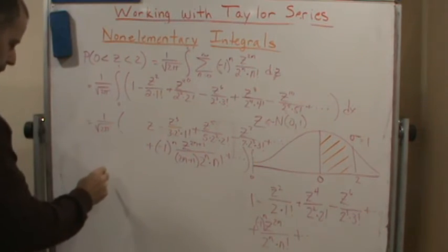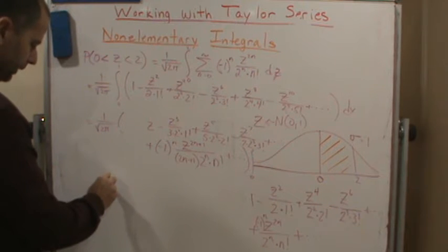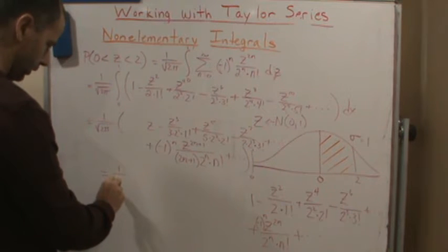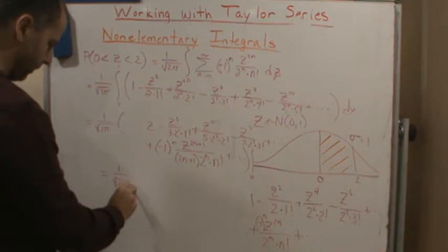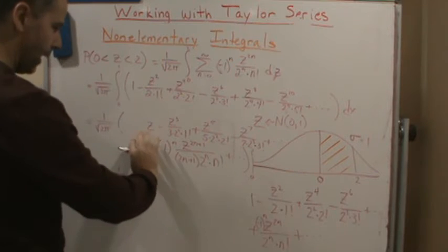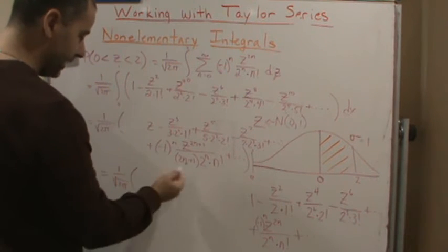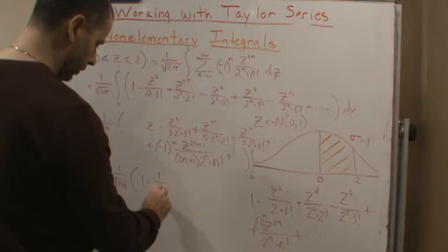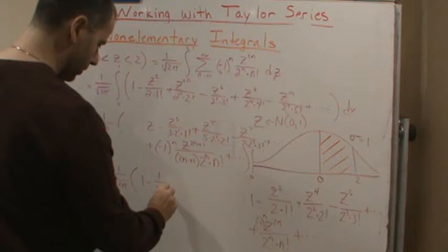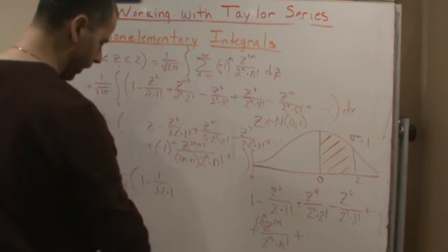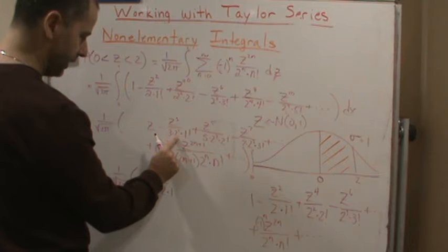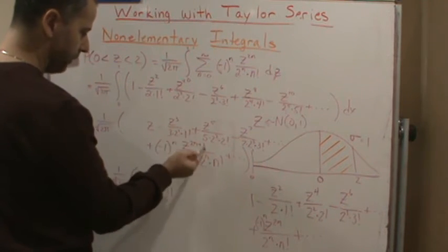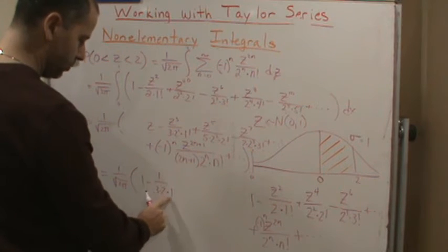Well, when we do that, now our probability, or the series, becomes this. It's 1 over the square root of 2 pi times, now what happens to all these terms? Well, z is 1, so this becomes 1 minus 1 over 3 times 2 to the 1 times 1 factorial. 2 to the 1 power is 2, 1 factorial is 1, so we just get 3 times 2 times 1.